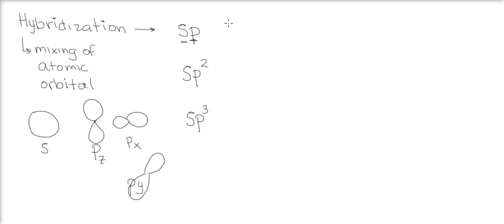So when we combine one s orbital with our px orbital, which is shaped in this way, we can get 2 different combinations. So these orbitals are simply very complicated mathematical equations, and we can take these equations and we can either add them or subtract them.